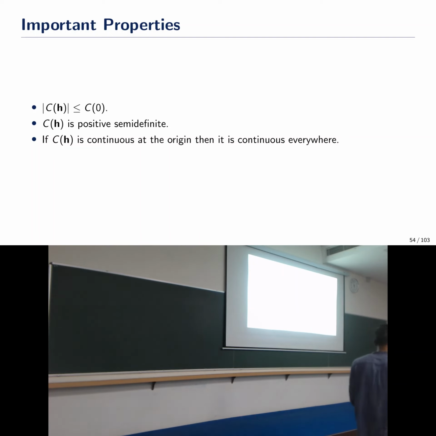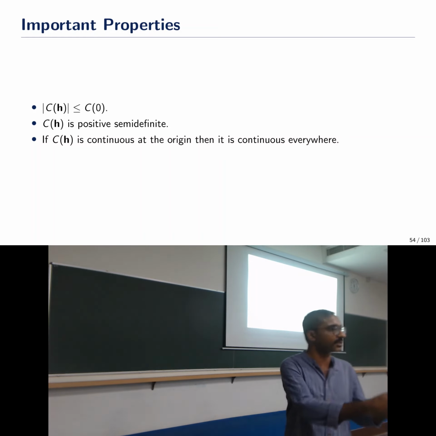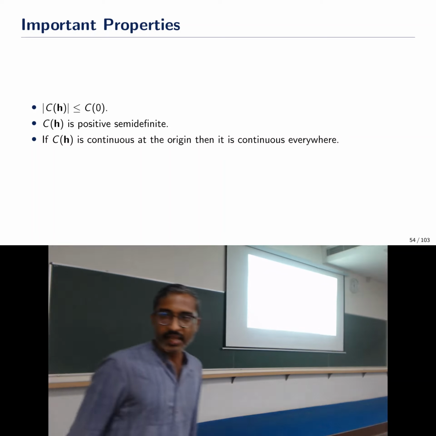It means that for any n greater than or equal to 1 and any real numbers a1 to an, the double summation aiaj c of si minus sj will be greater than or equal to 0. Essentially, if I take a finite number of locations, the corresponding matrix will be a positive definite or positive semi-definite matrix.